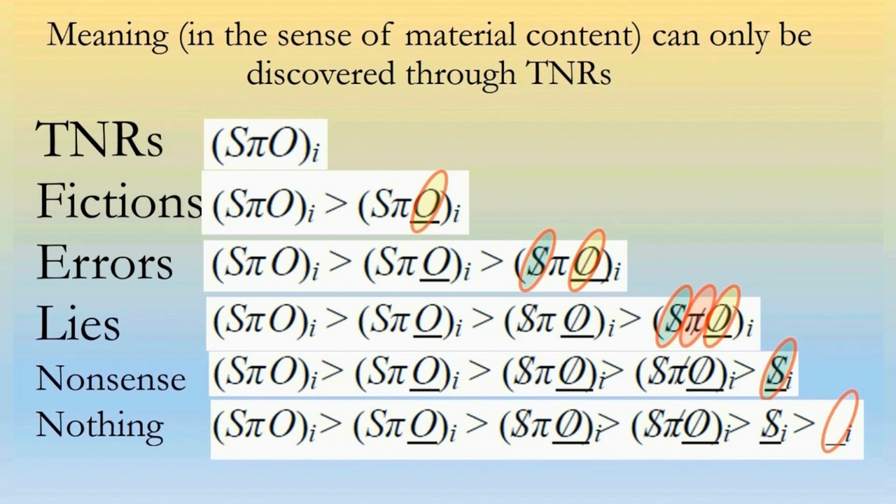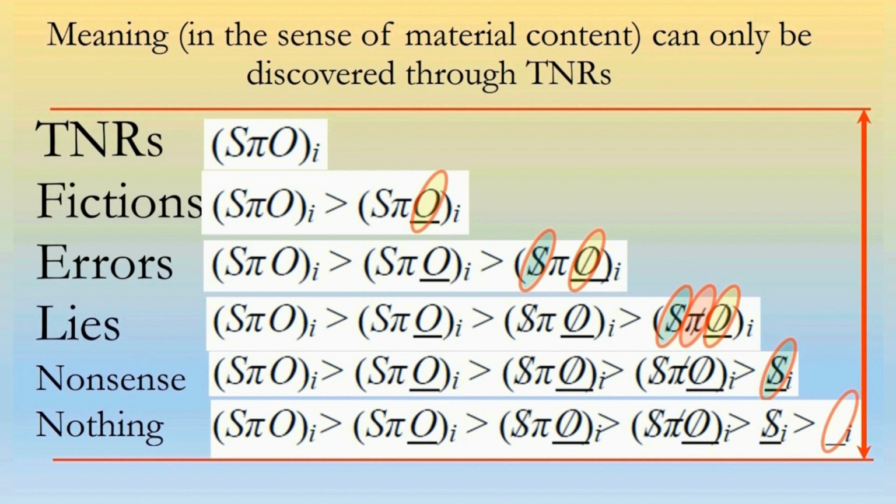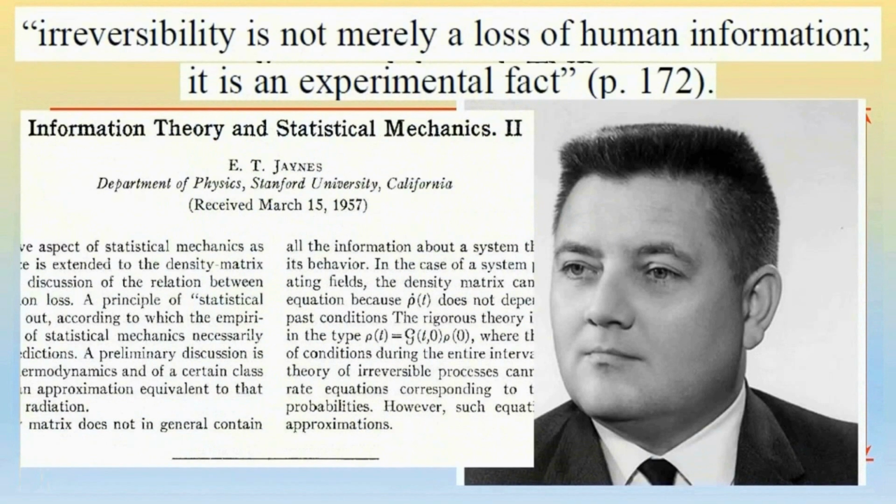Between the limits of an erased sign and a TNR, there is an actual physical loss of information at each transition, per proofs that were introduced many years ago by Edwin Thompson Jaynes. He showed that irreversibility is not merely a loss of human information, but an experimental fact. We can get from TNRs to all the other signs to the extent that they have any material meaning, but we cannot go in the other direction.